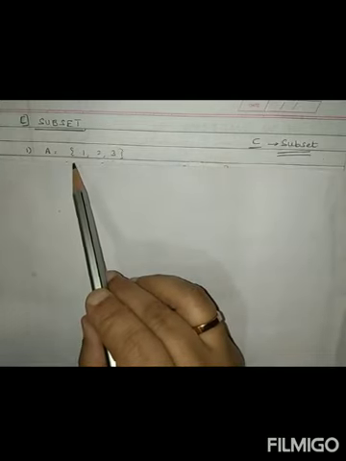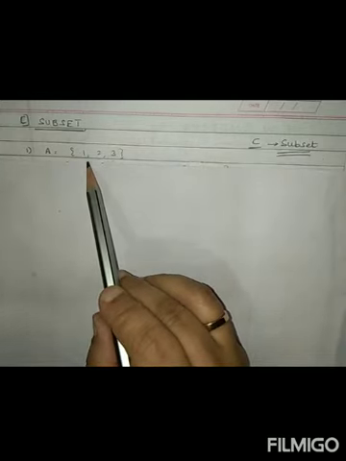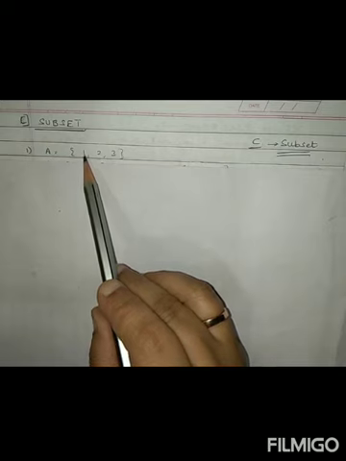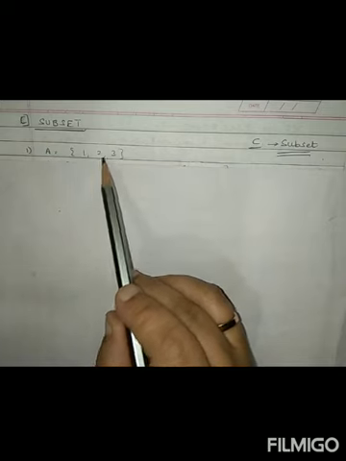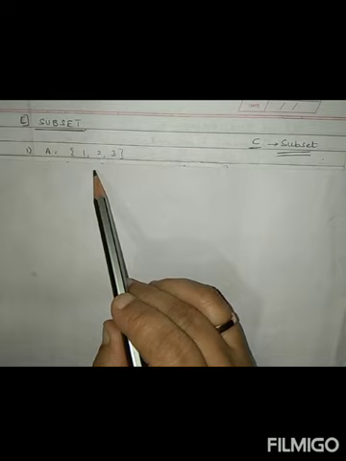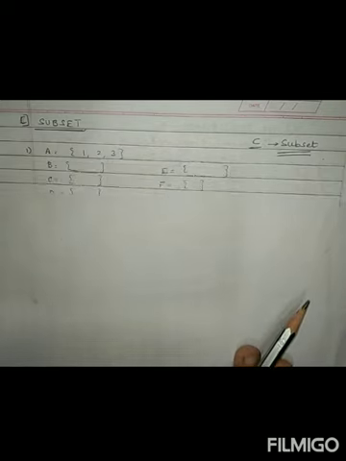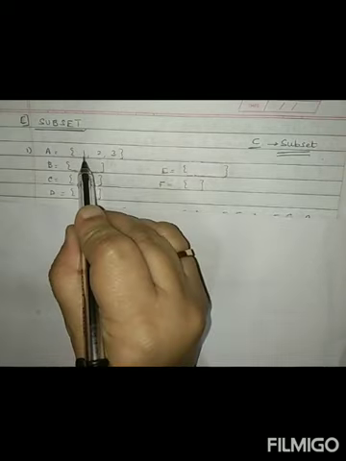For set A, if I have to find the subsets, I will have to take elements from this set and form the smaller sets. Let us see how. I can use various combinations.